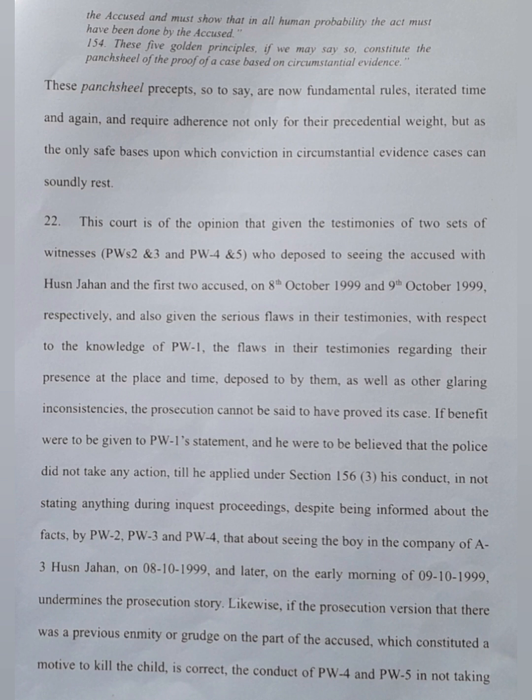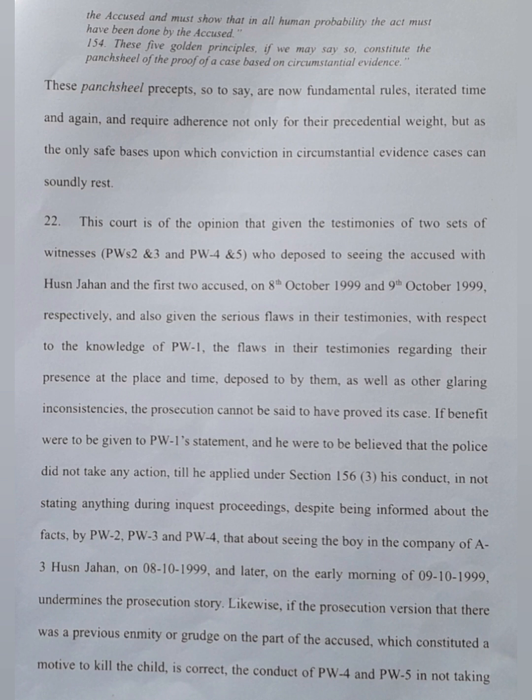These five golden principles, if we may say so, constitute the panchsheel of the proof of a case based on circumstantial evidence. These panchsheel precepts, so to say, are now fundamental rules iterated time and again, and require adherence not only for their precedential weight but as the only safe basis upon which conviction in circumstantial evidence cases can soundly rest.